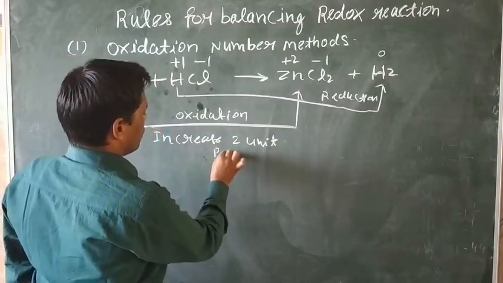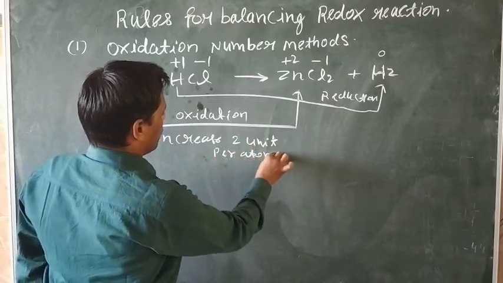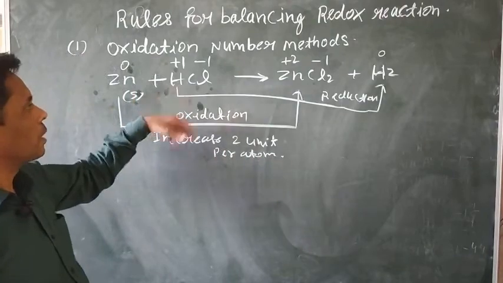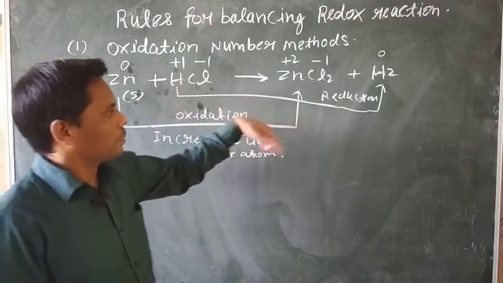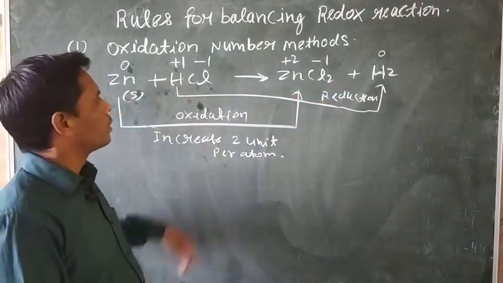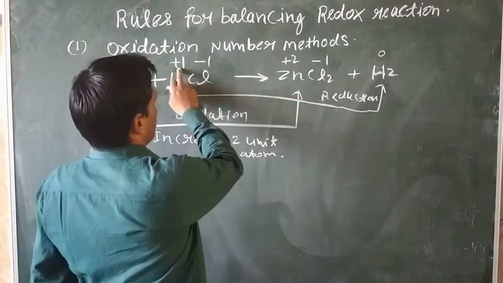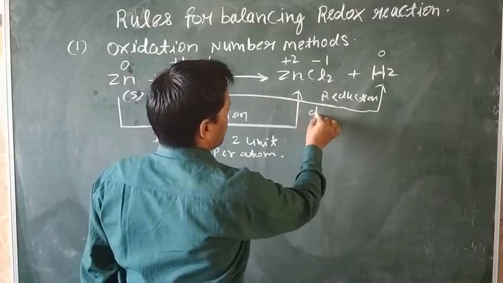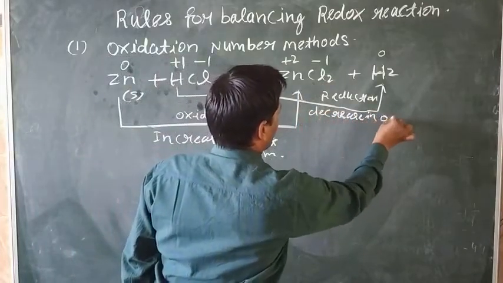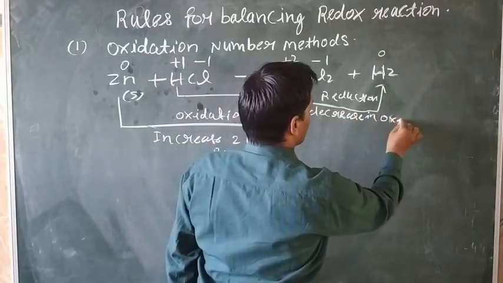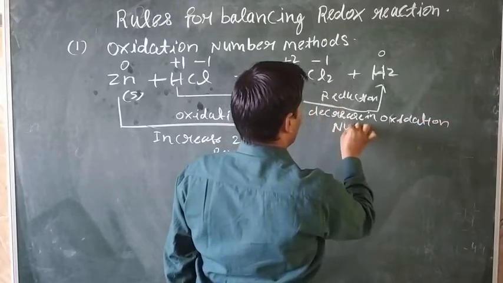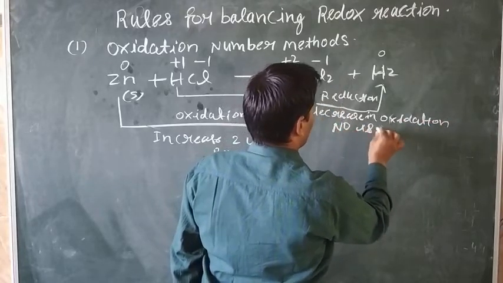In the case of hydrogen, one atom goes from +1 to 0, so the decrease in oxidation number is 1 unit.